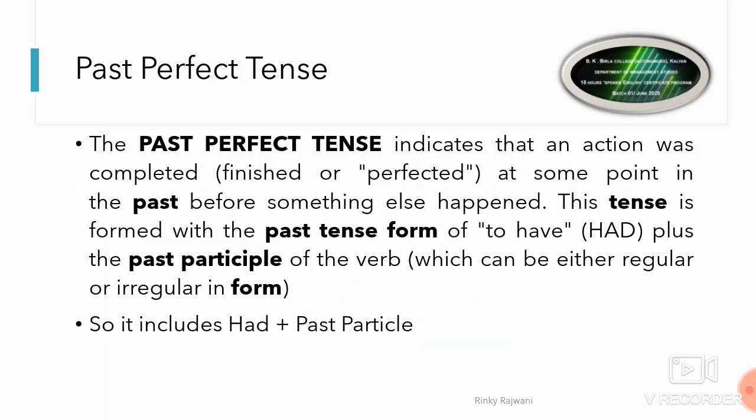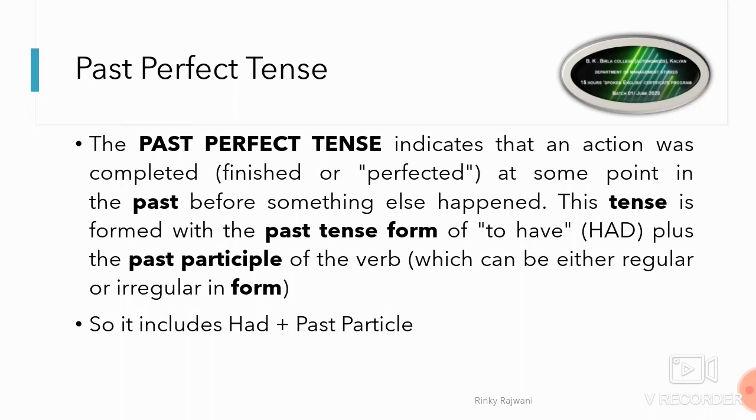Let's move to the next one, the next classification of tense, and that is past perfect tense. Now, what is there in this past perfect tense? This tense indicates that an action was completed, perfected. You can say the action was finished at some point in past before something else happened.